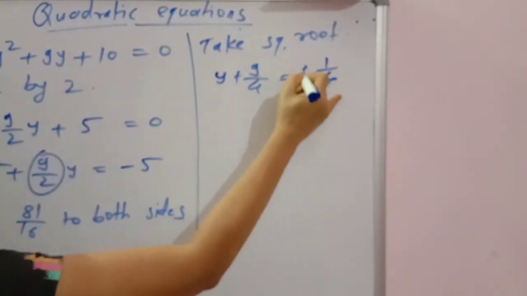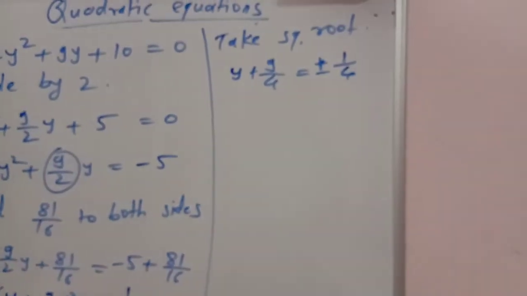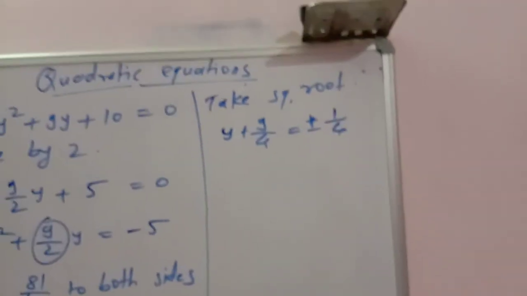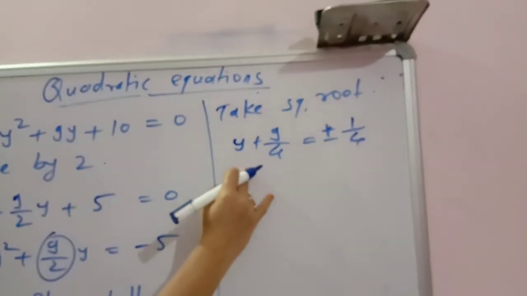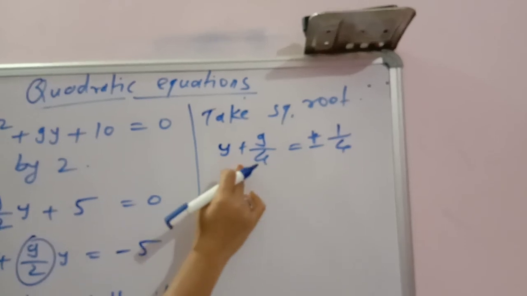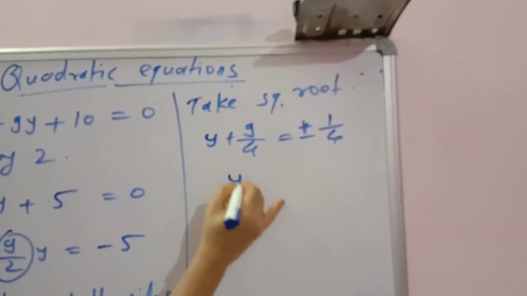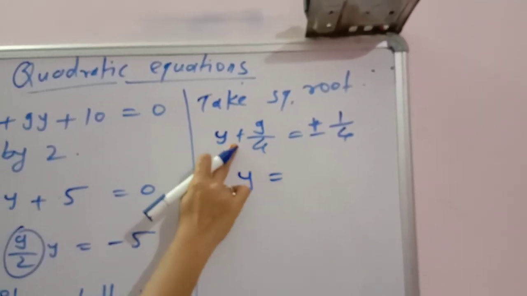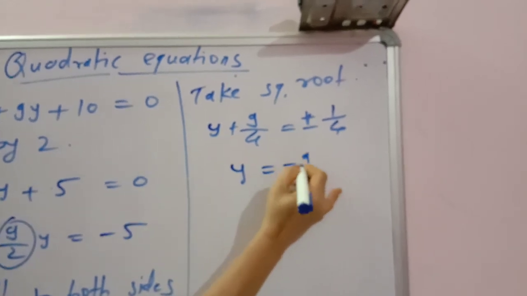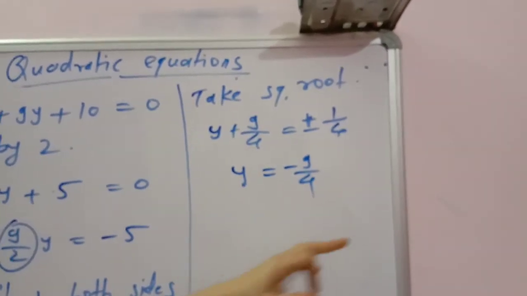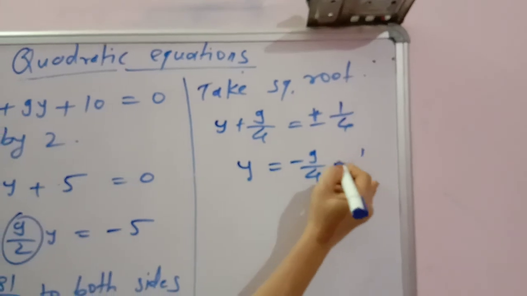But it is plus or minus 4. Now shift this term to that side. That is y equal to, this is positive, it will become negative when it goes to the right hand side, minus, plus or minus.